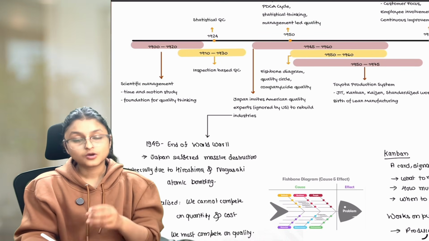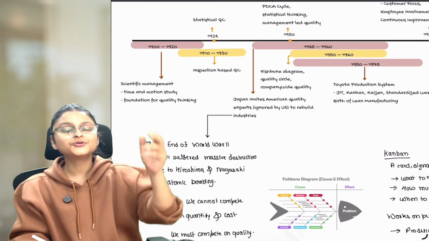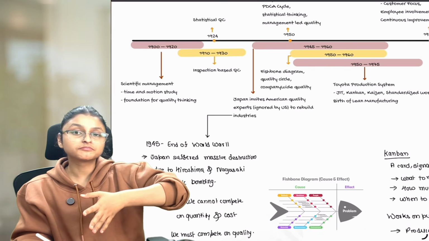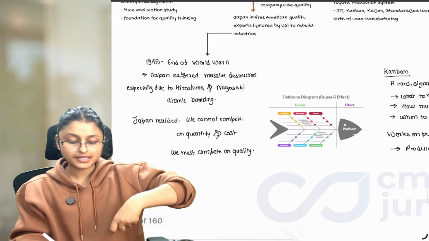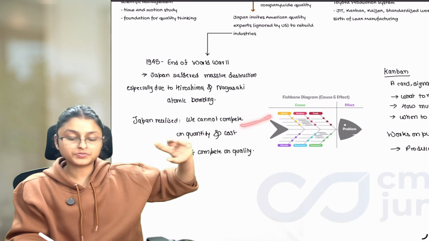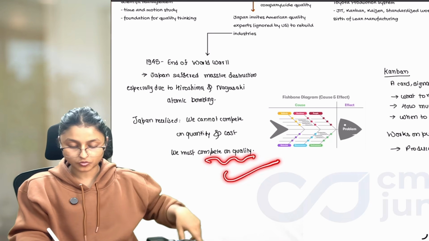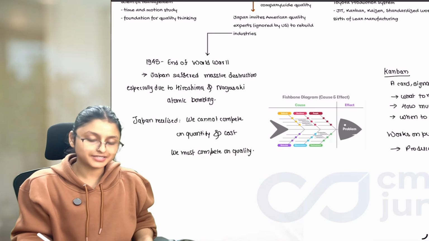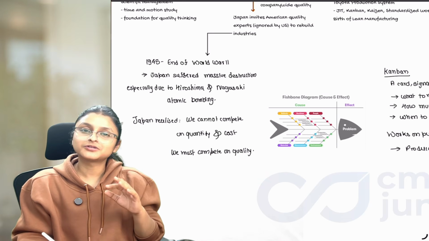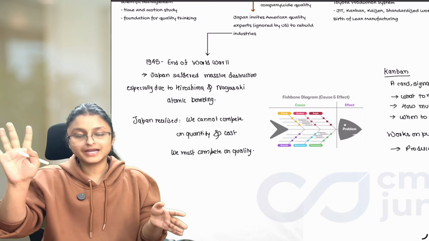And after that, World War II happened. Japan suffered a lot, mainly due to the Hiroshima and Nagasaki atomic bombing. Then Japan realized that they could not compete on quantity and cost, hence they decided to compete on quality. For that, what they did, who was the one who bombed Japan? USA was the one, right?